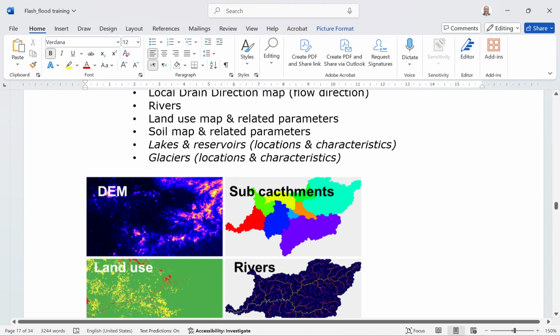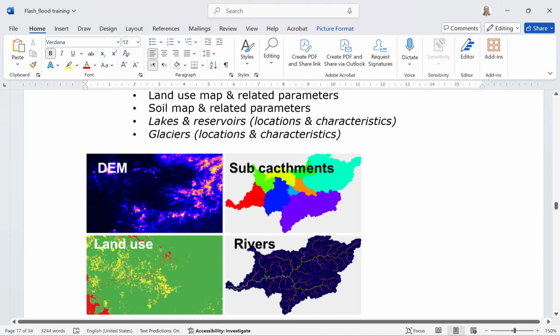We also need soil maps, and we need, if it is available, lakes and reservoirs. For our case here, it is not available. If glaciers are there, we also need some kind of locations and characteristics, but we don't have glaciers here.